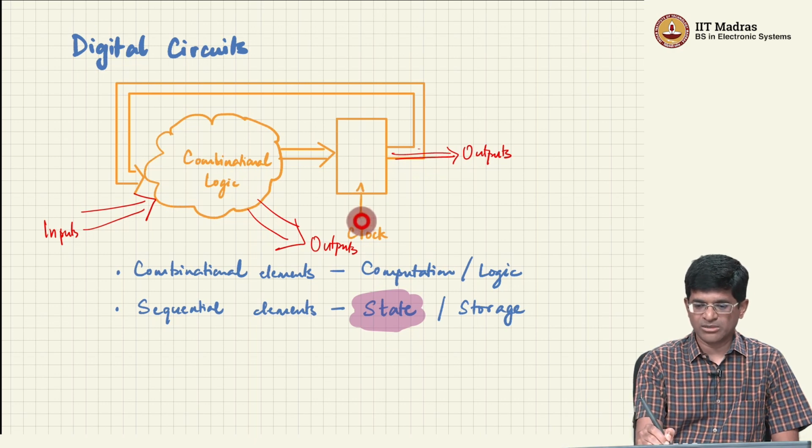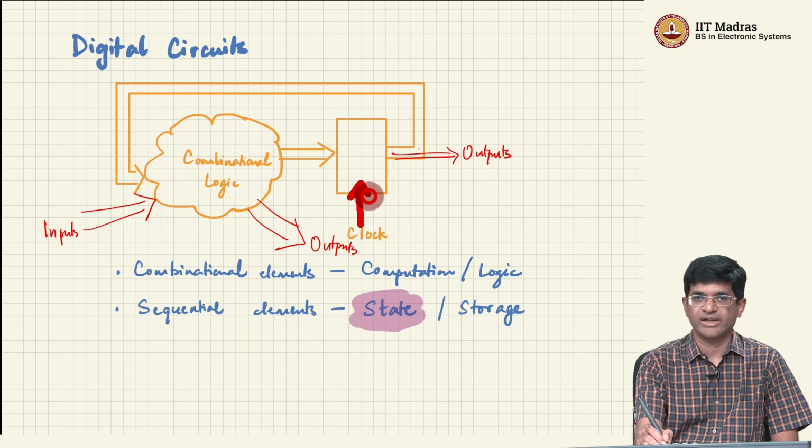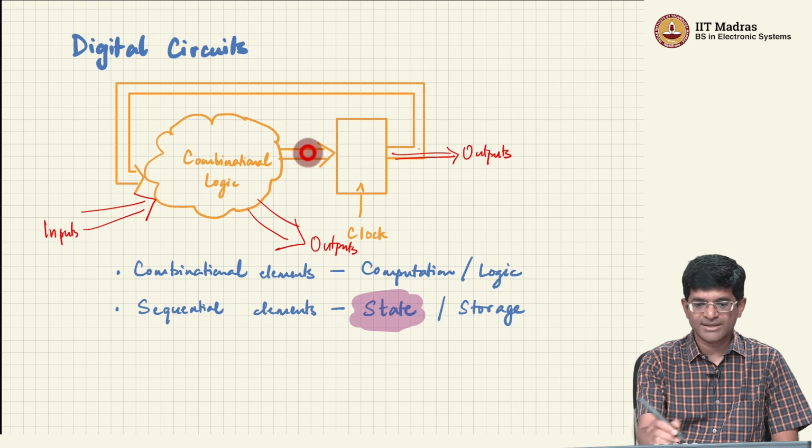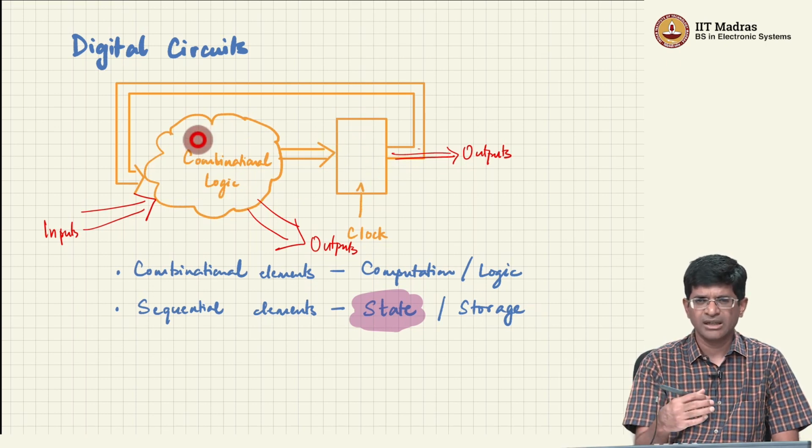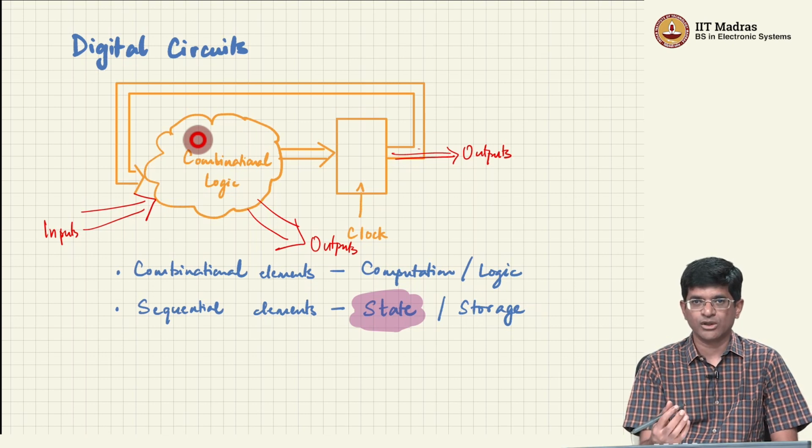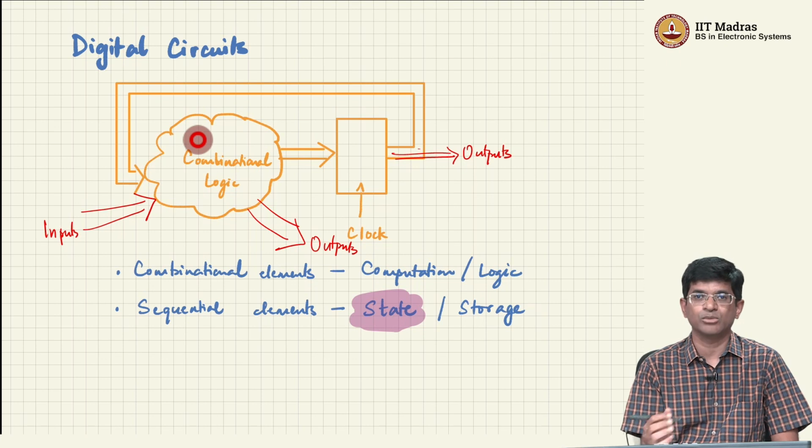So it is quite possible that the clock has a certain value, the inputs have certain values, but the output is dependent on what happened at the last time that the clock changed its value, and not on what the present value of the inputs are. That is a crucial difference between a sequential element and this combinational logic, where at any point in time, if I change one of the inputs, the output is always directly a function of what the present inputs are.